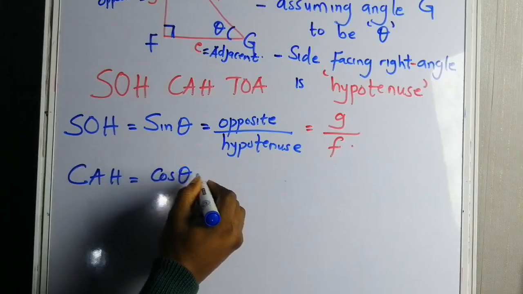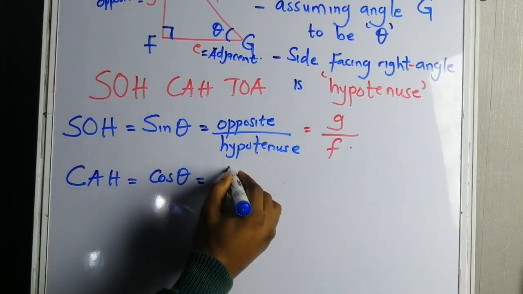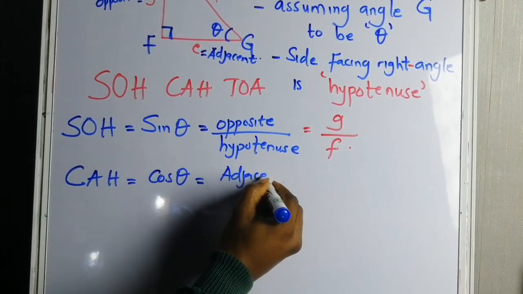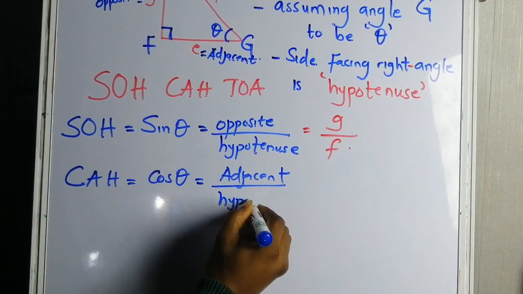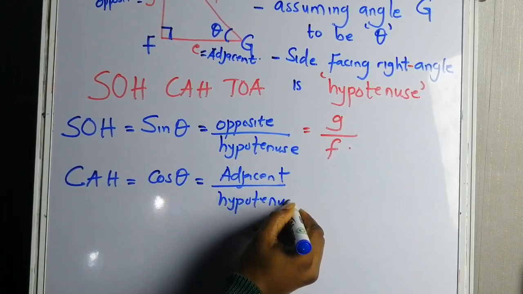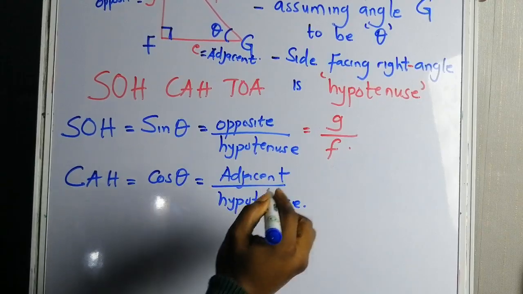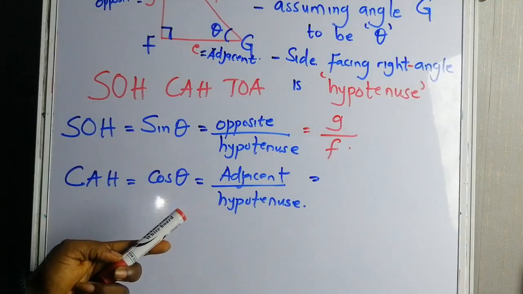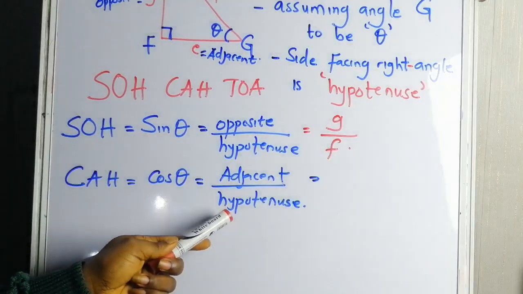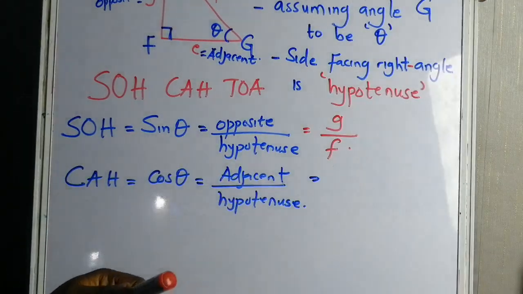Cos theta equals adjacent over what? Hypotenuse. So it's not compulsory you write all the hypotenuse. We have a short way of writing them, but for the sake of the first time, that's why we are writing it in full. Hypotenuse is HYP, adjacent is ADJ.